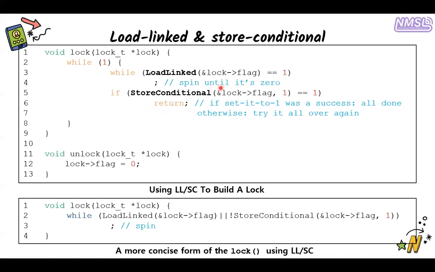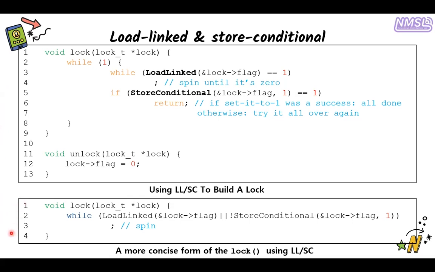Now if store conditional of flag to 1 equals 1, meaning setting it to 1 was a success, then we're good. Otherwise, you go back to the while and try it all over again. So that's another mechanism for the lock.